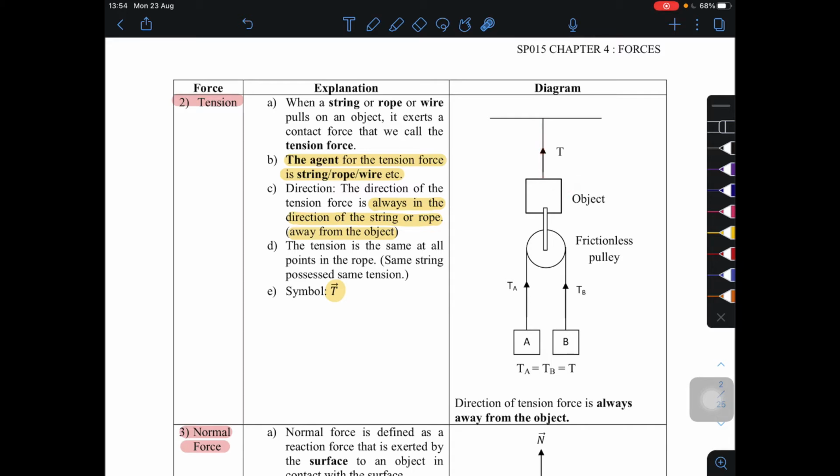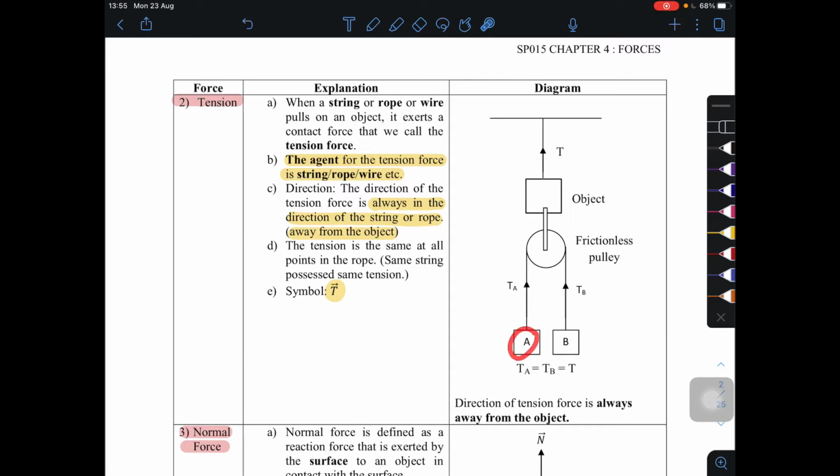So the direction of the tension force is away from the object. So sama juga untuk this one. We have A and B. So direction dia away from the object. This one pun sama, away from the object. Dan kita akan label sebagai T.